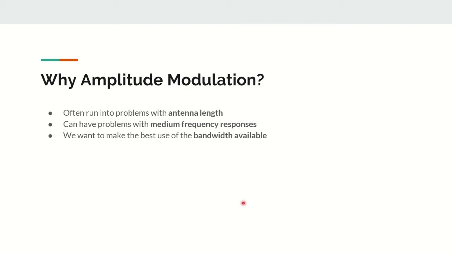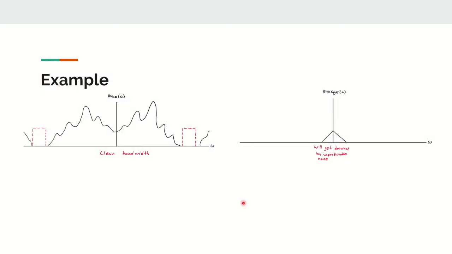We can have problems with medium frequency responses, and of course we want to make the best use of the bandwidth we have available. So in this example, you might be able to see we might have some noise here that we are unable to filter out, or some other signals, and we just have a clean bandwidth here and here that we want to use.